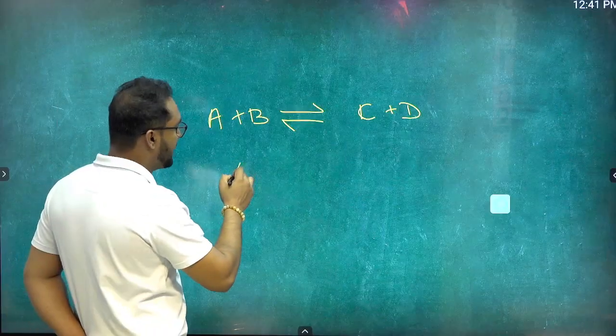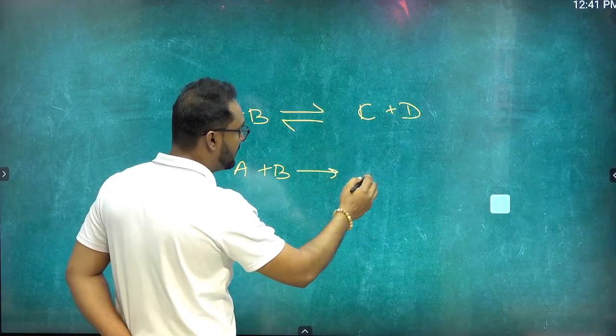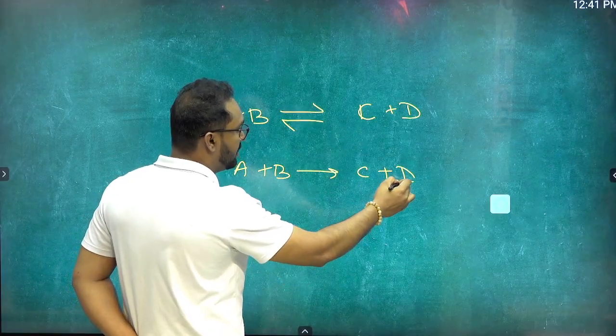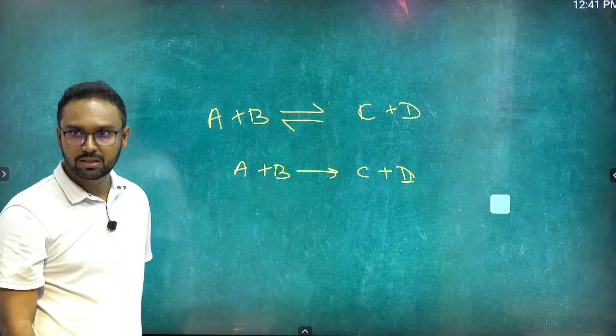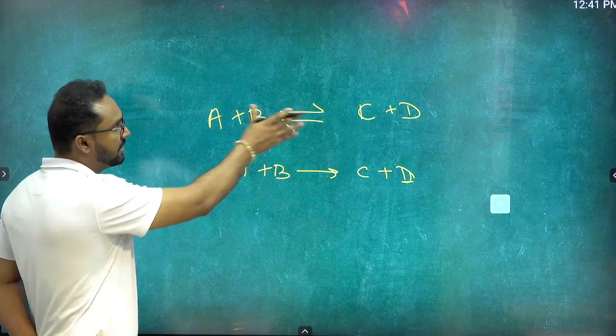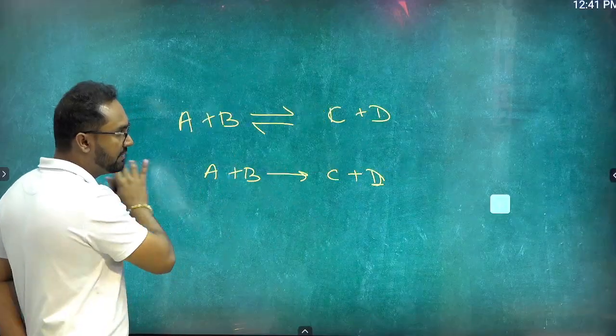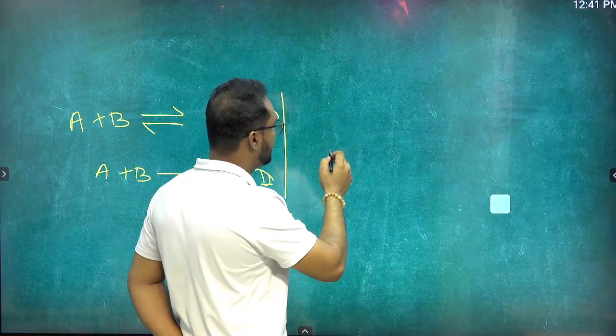And some reactions are irreversible, which means only A plus B directly converts to C plus D, but C plus D isn't converting back into A plus B. The reason for this is actually the activation energy.